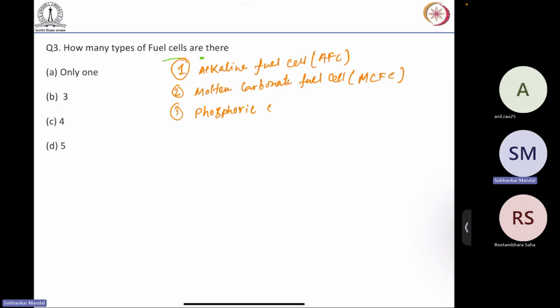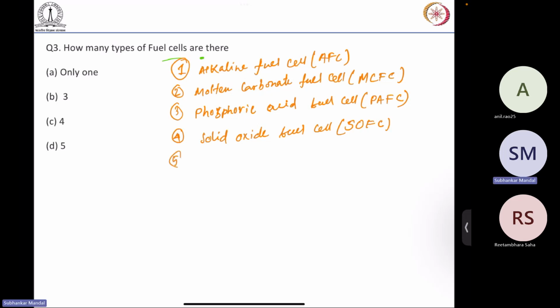So I am not going into that. I am just mentioning what fuel cells there are. Phosphoric acid fuel cell, that is PAFC. And number 4, solid oxide fuel cell, SOFC.